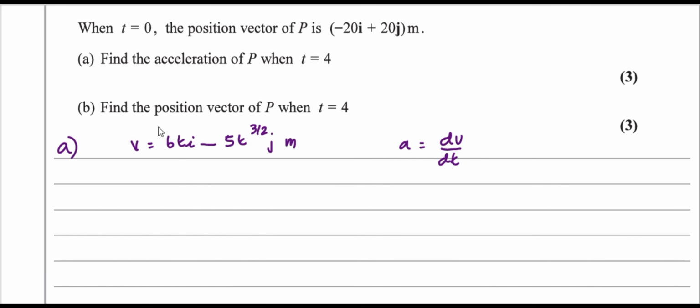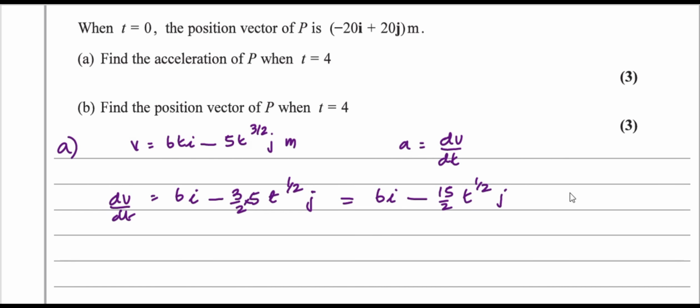So let's differentiate this. dv upon dt is equal to 6i minus 3 over 2 times 5 t to the power of half j. Simplifying, we get 6i minus 15 over 2 t to the power of half j.